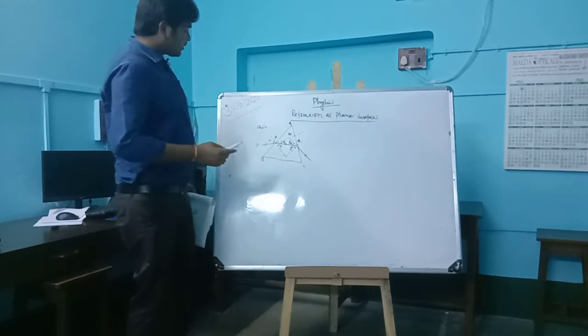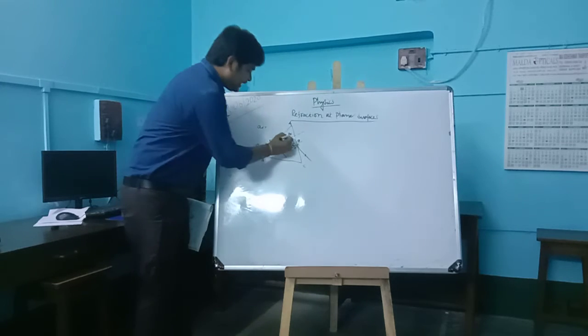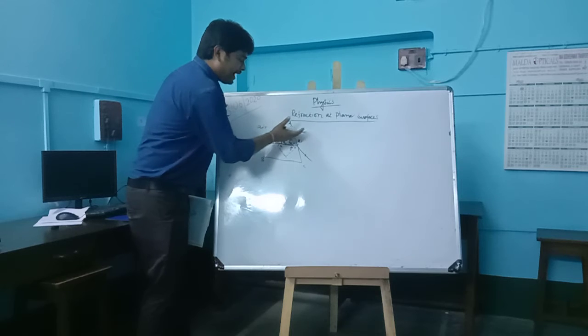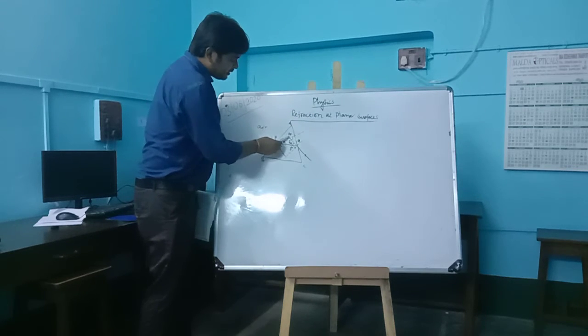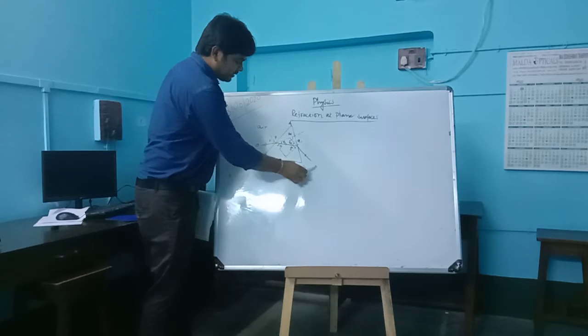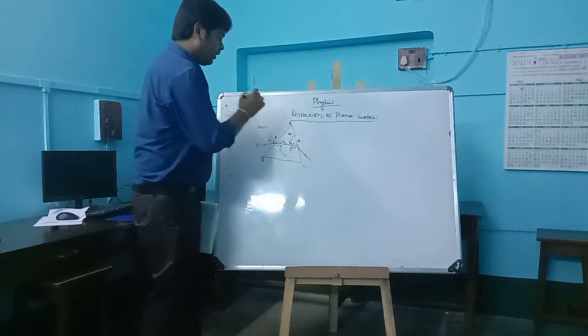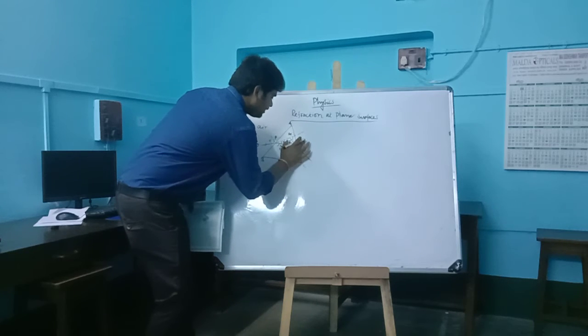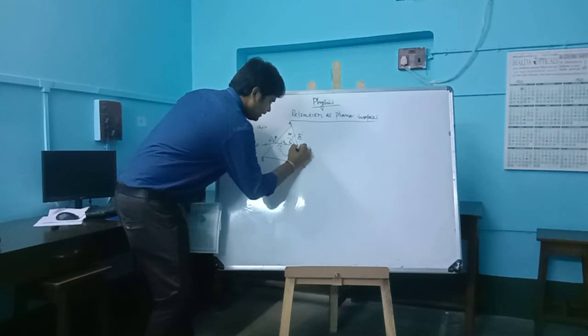Now actually the angle of deviation for this prism is this, because the actual path of the ray is along this line, and the emergent ray appears to be coming out from the point M. That is why this is the angle of deviation for this prism, and it is denoted by delta.